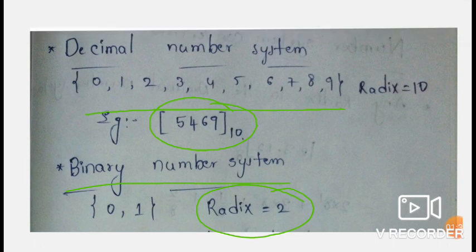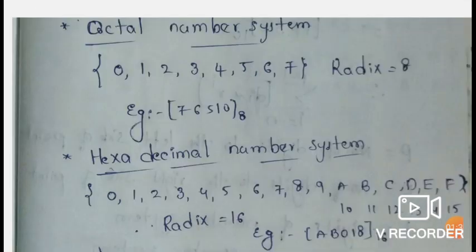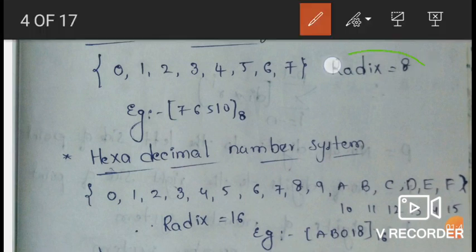And then the octal number system. The octal number system has radix as 8 and the numbers will be from 0 to 7. In this number system we will have numbers only from 0 to 7. And then the hexadecimal number system. The hexadecimal number system consists of numbers from 0 to 9.